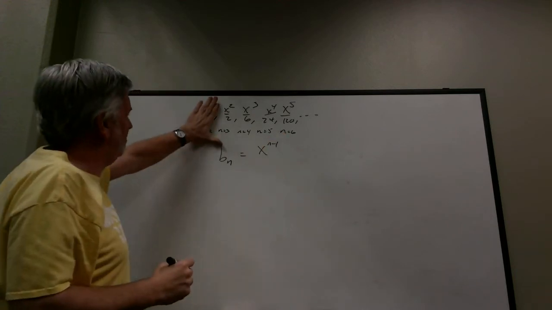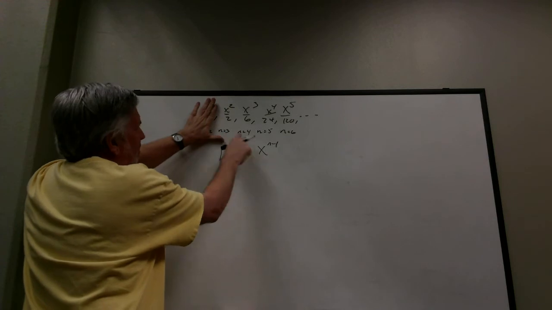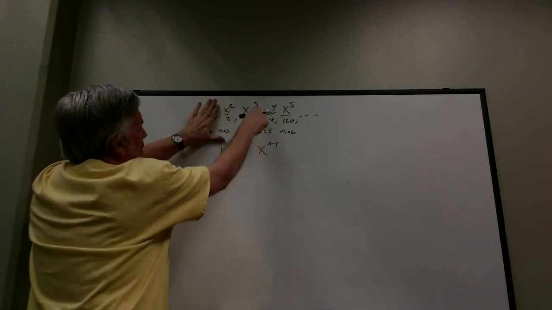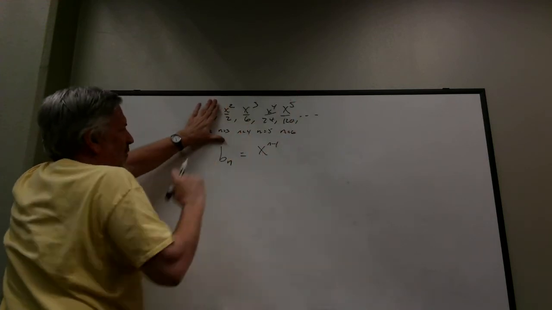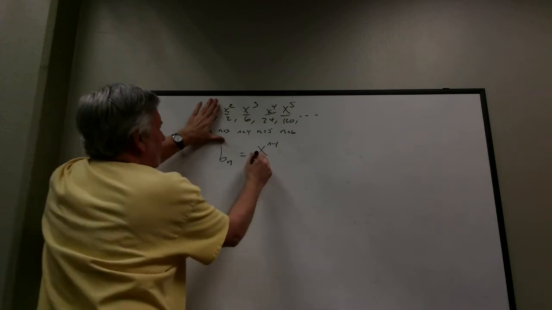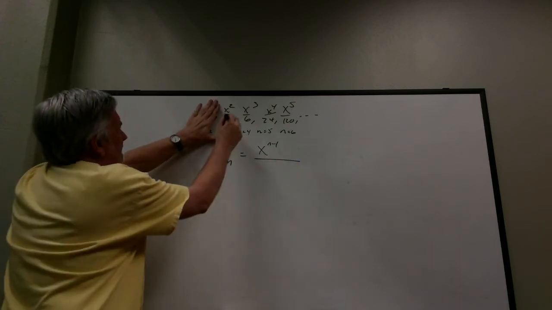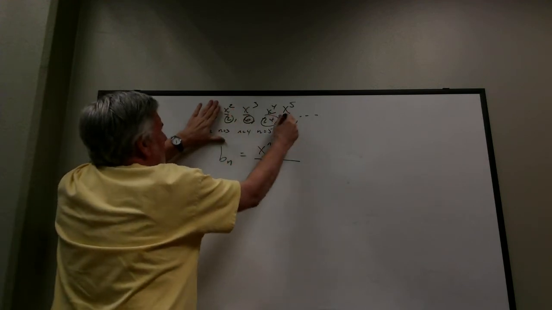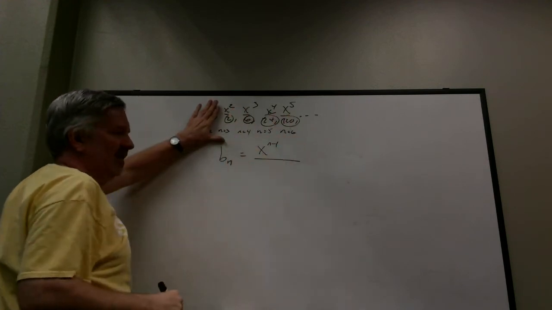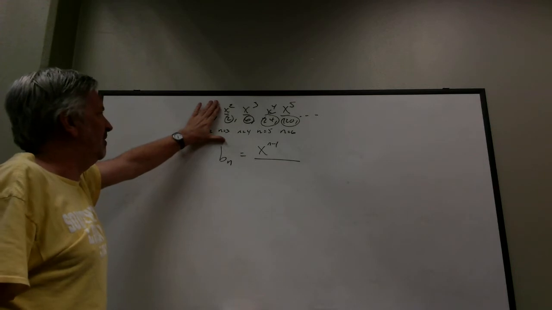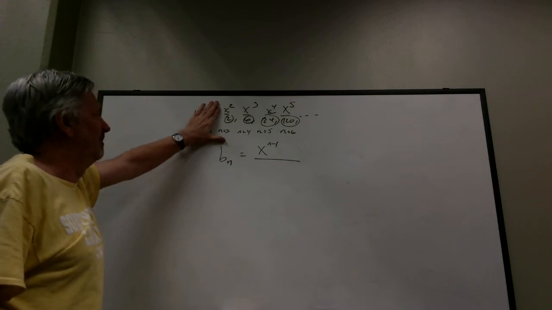Again, check with what I have. When n is 3, you get x squared. N is 4, you get x cubed. N is 5, you get x to the 4th, and we're good. Okay, now what about the denominators there? How are we getting these numbers from those? I mean, it's not an obvious square or cube or something. Right?